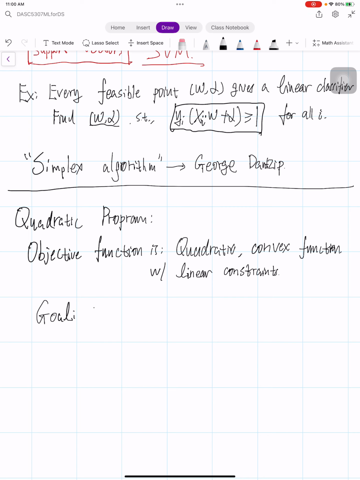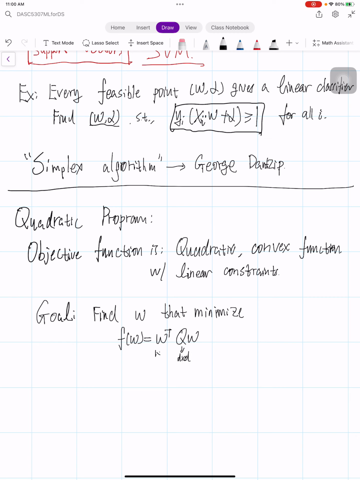So the goal for quadratic programming is to find the minimizer w that minimizes f(w) equals w transpose Q w plus c transpose w. Q is a matrix, a D by D matrix.